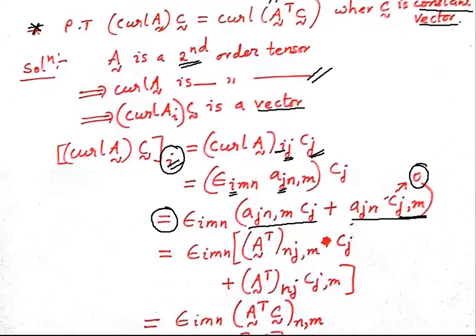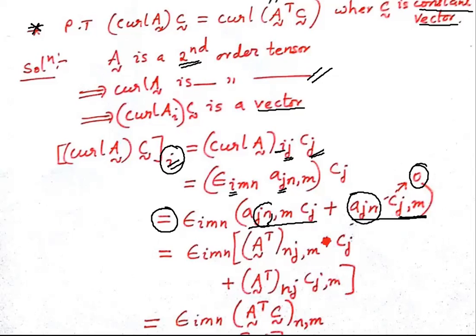So, what am I going to do now? We are going to interchange. Jn is there, I'm going to put nj there. When you put nj, A transpose must come there, comma m as it is, Cj as it is, plus again we have A jn here.